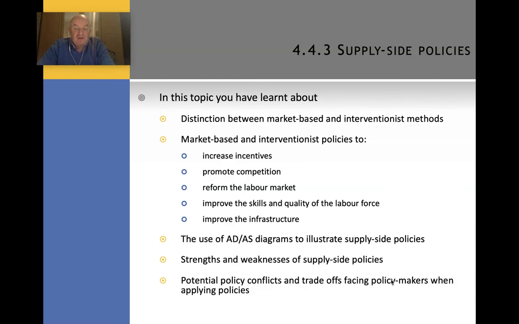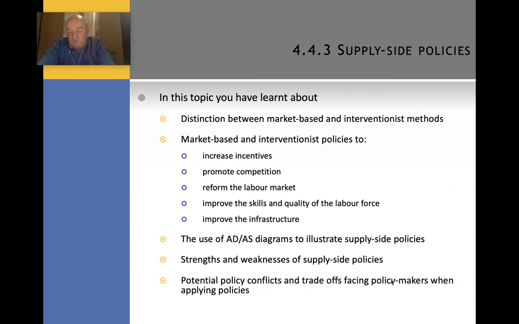So that's basically supply side policies. That's what we've looked at. Hopefully it all makes sense. It's starting to come together now. We talked a lot about different types of macroeconomic policy, the fact that we've got these conflicts going on, and also that there are a number of different options that we can consider, whether that's market-based supply side policies or whether it's interventionist.